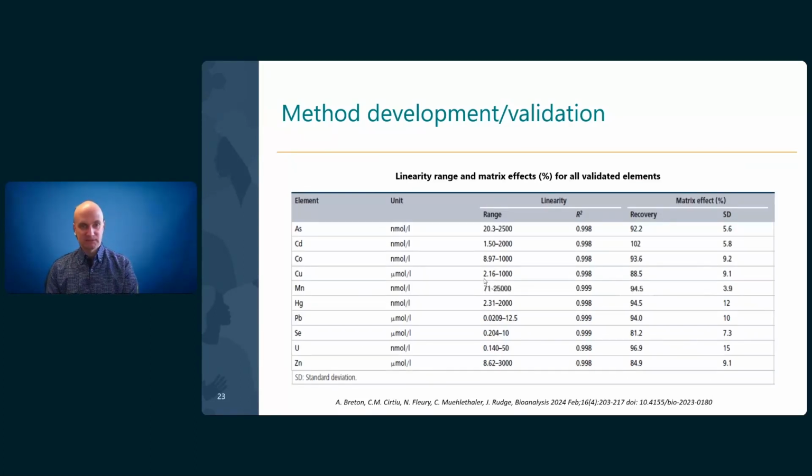Then we determined the linearity range and the matrix effects. We just wanted to make sure that everything works fine when you change from one type of blood to another one, so there is no change in the quantification or impact on the level quantification.